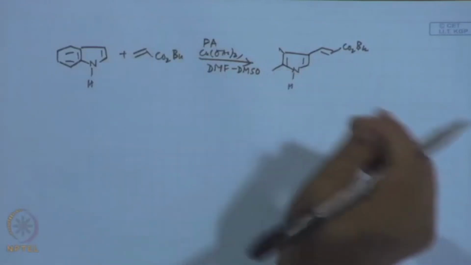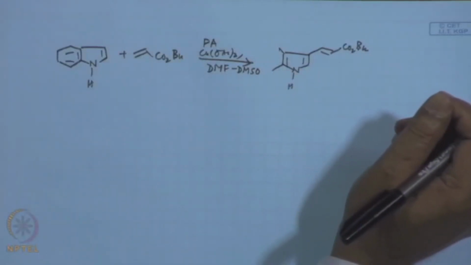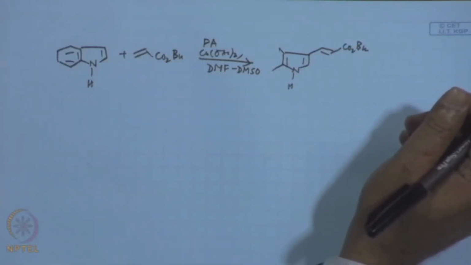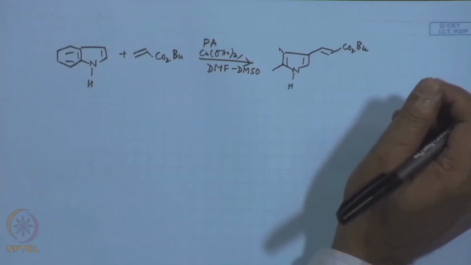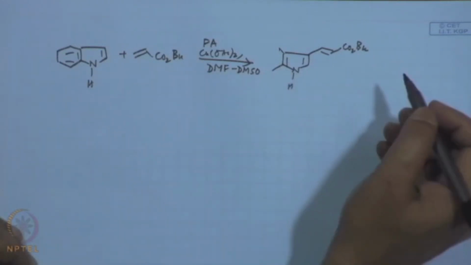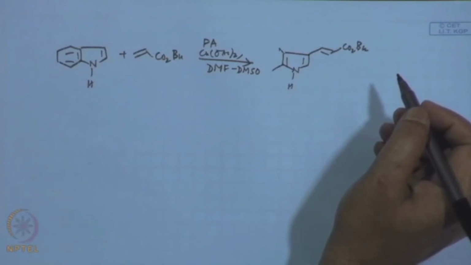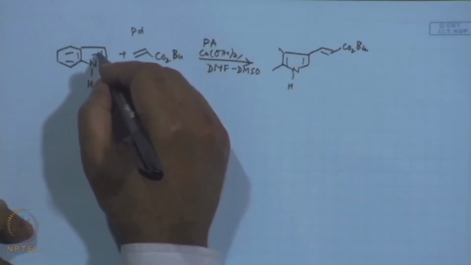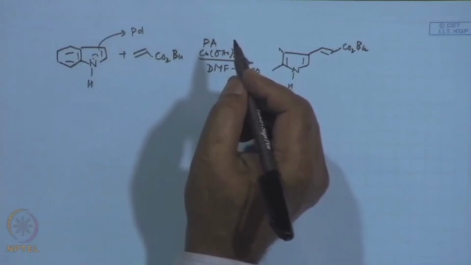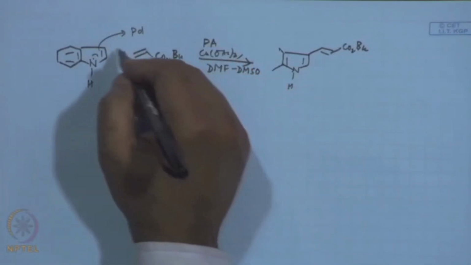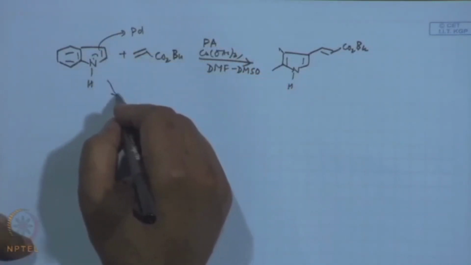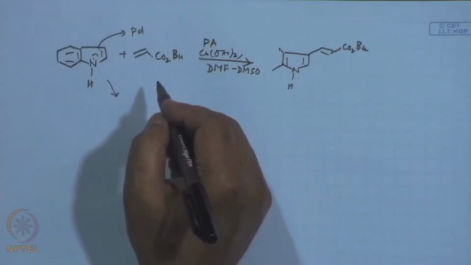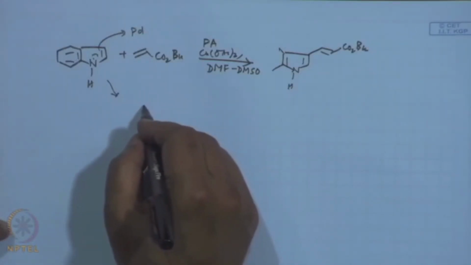Thus, I think all of us can write the mechanism, right? What is the mechanism? What should be the first step? The first step should be that palladium goes here, and then aromatization takes place, just as if the indole is undergoing electrophilic substitution with palladium.